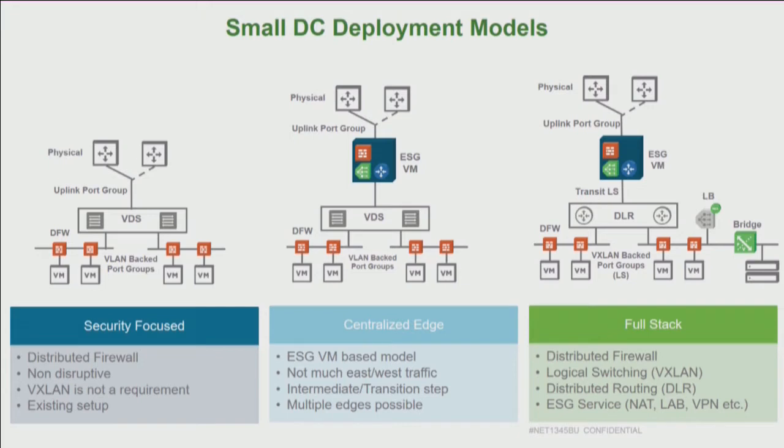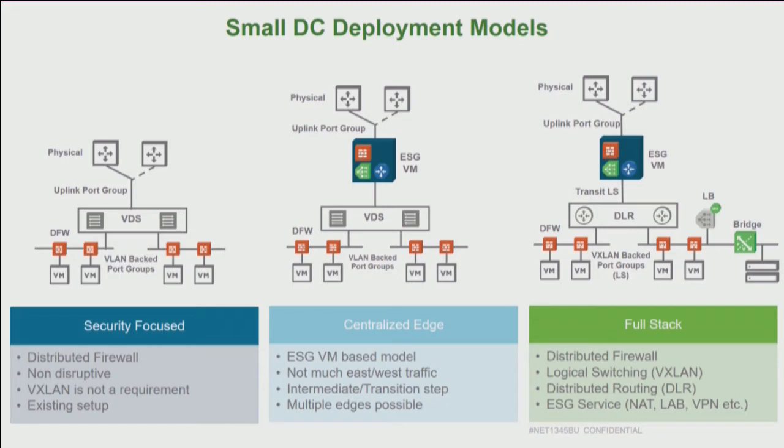Okay? So the full stack model is the model where you get everything. You're getting the full benefits of NSX. You're getting logical routing, logical switching, VXLAN, and distributed firewall. You are enabling all the use cases that are possible with NSX with this full stack model. But yes, it does require you to make some changes in your physical infrastructure.